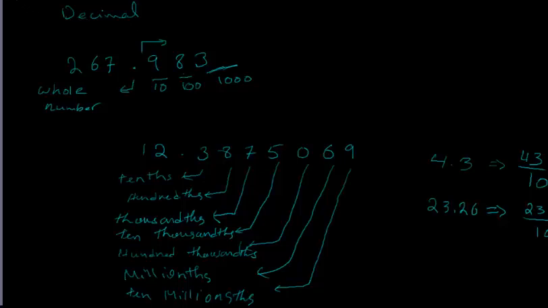Let's clear the board again. Let's do a little homework. Rewrite each number and eliminate the unnecessary zeros.